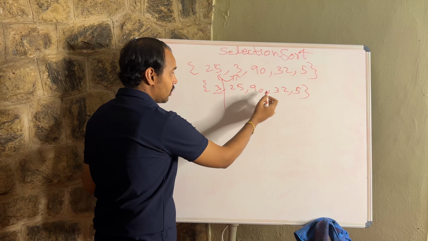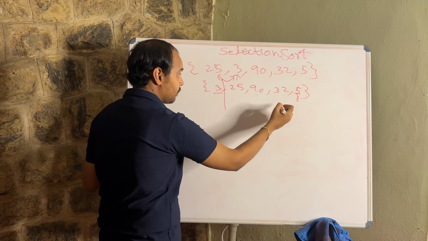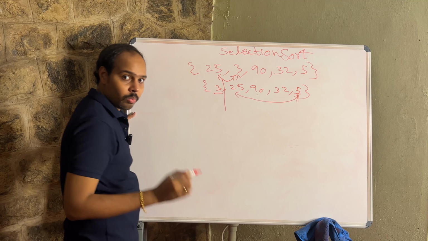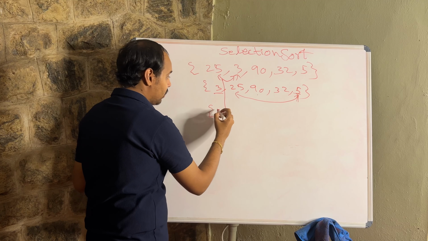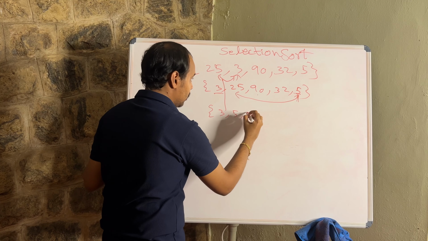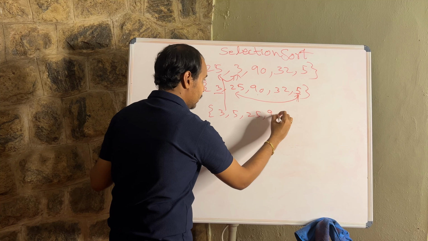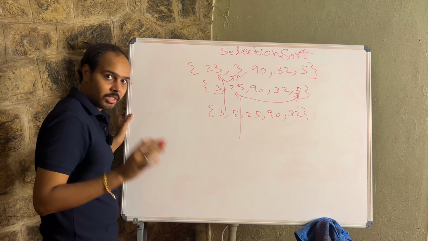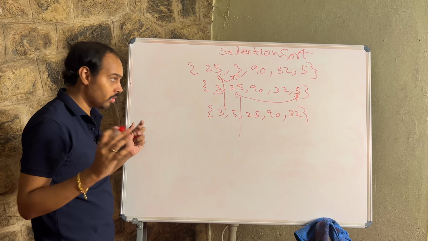So the smallest element in this array is 5. So we have to swap 5 with position 1. After second pass, we have 3, 5, 25, 90 and 32. Now the first two elements are already in their final position.